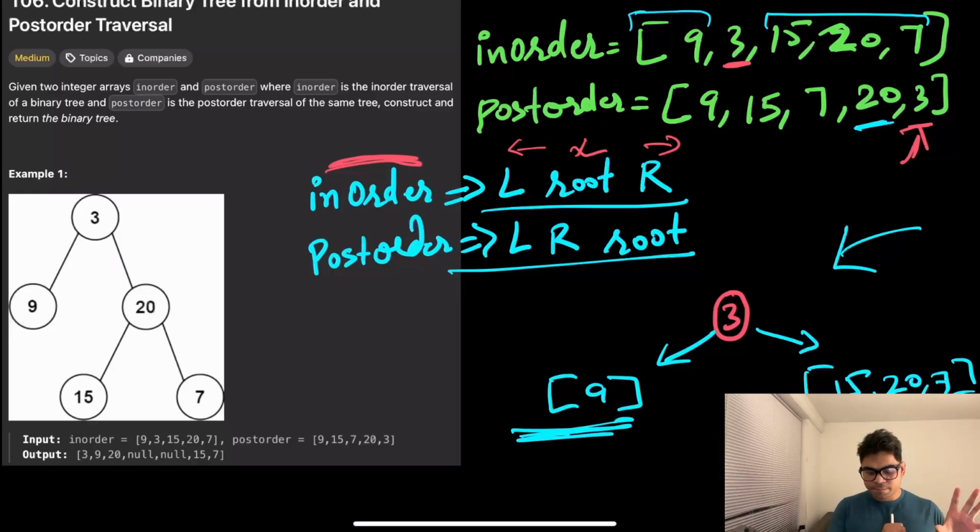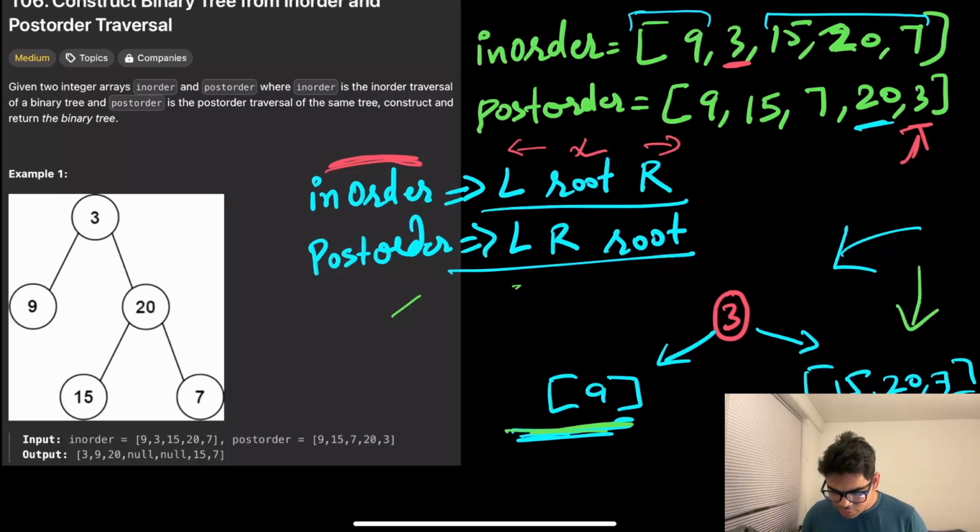If I'm visiting the post-order traversal, the order is left, right, root, so we need to construct the right subtree first, because we are popping out the roots from the end of post-order. So we just need to create the right subtree first and then come back to the left subtree, and we can simply keep breaking things down using this in-order traversal.